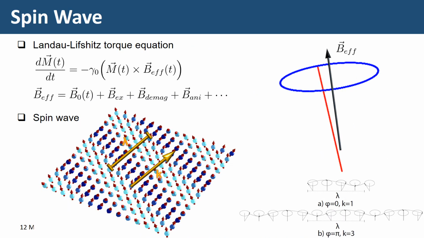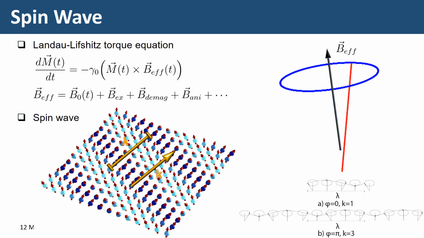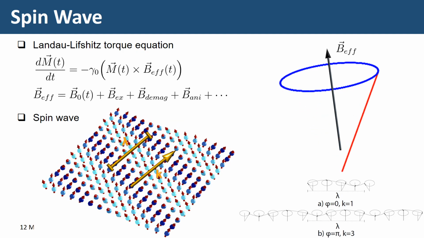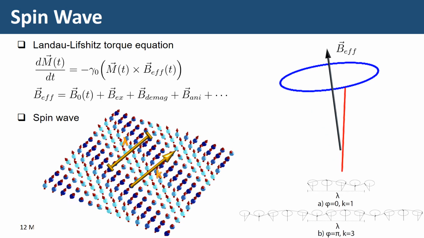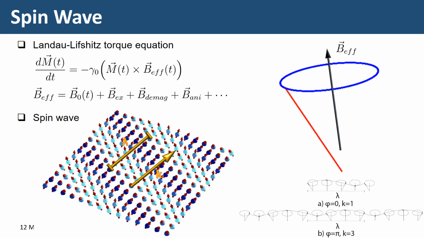When a magnetic material is exposed to an external magnetic field, the electrons will start spinning around themselves toward the external magnetic field. This spinning behavior can be described using the Landau-Lifshitz torque equation.